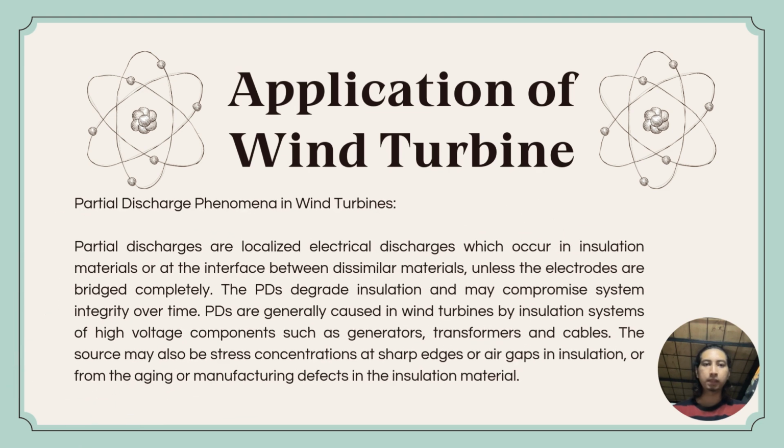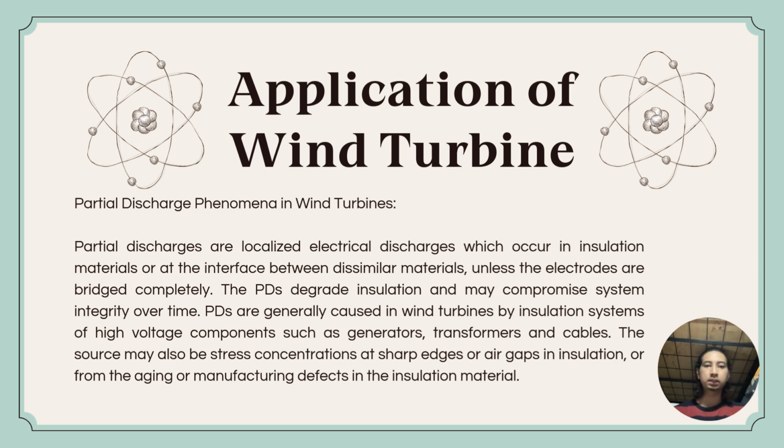The next application of wind turbines is partial discharge phenomena in wind turbines. Partial discharges are localized electrical discharges which occur in insulation materials or at the interface between dissimilar materials, unless the electrodes are breached completely. Partial discharge degrades insulation and may compromise system integrity over time.